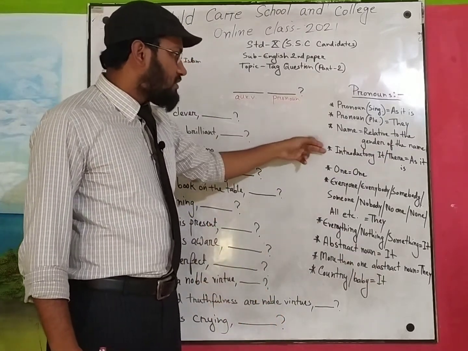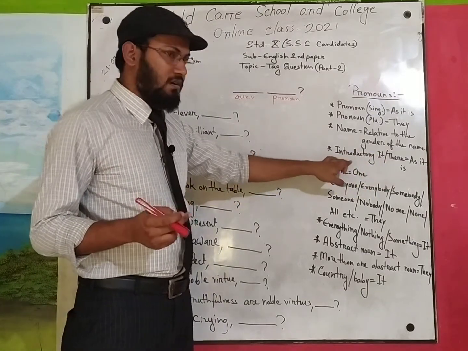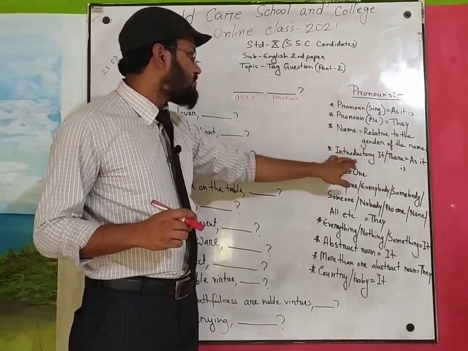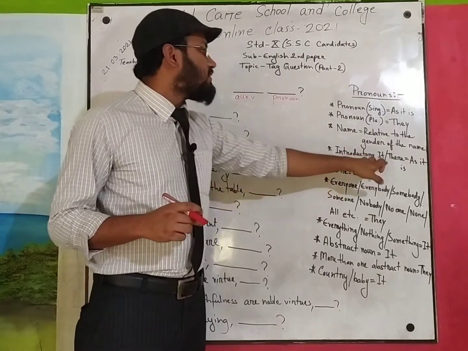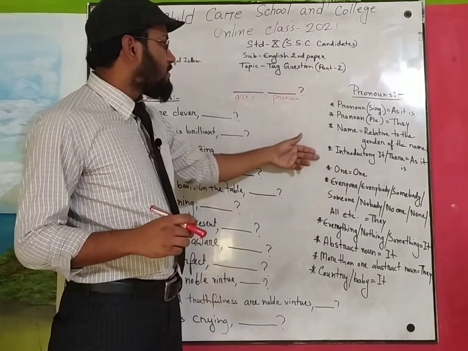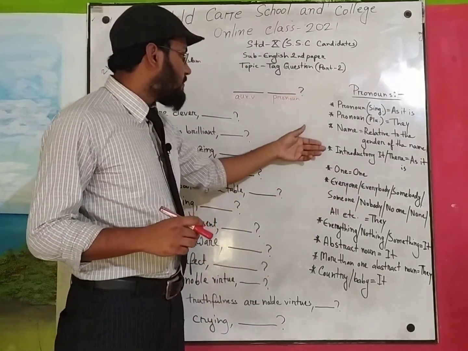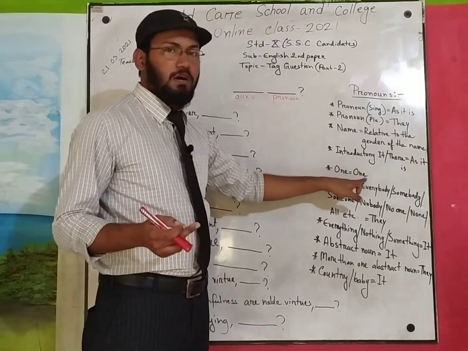Okay, introductory it and there. I hope you already know about introductory it and there. If you see that there's an introductory it or there in the sentence, the pronoun that we will use will be as it is. If the subject is one, the pronoun will also be one.